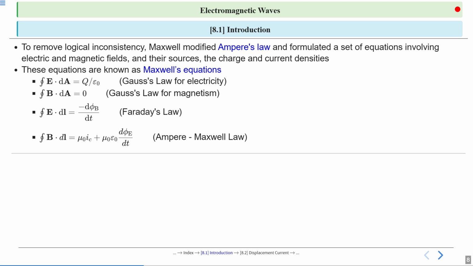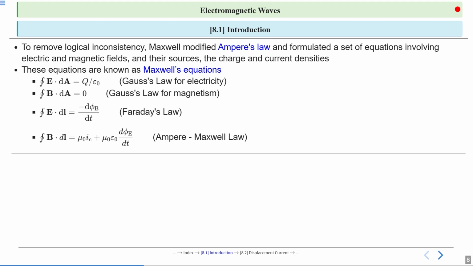Plus, what Maxwell added in Ampere's law is mu naught epsilon naught d phi E upon dt. That term he added extra, and that term is due to the magnetic field present between the plates of the capacitor. Got it? That is known as the Ampere-Maxwell law.